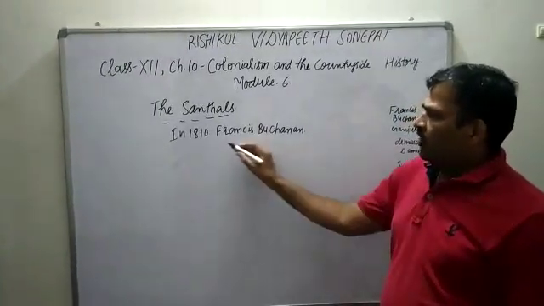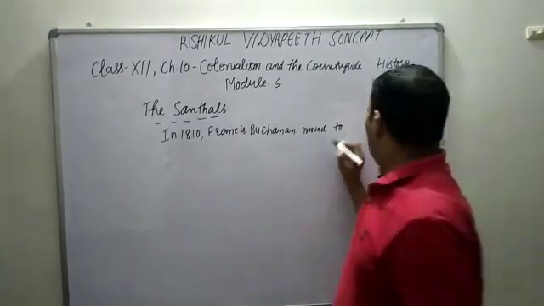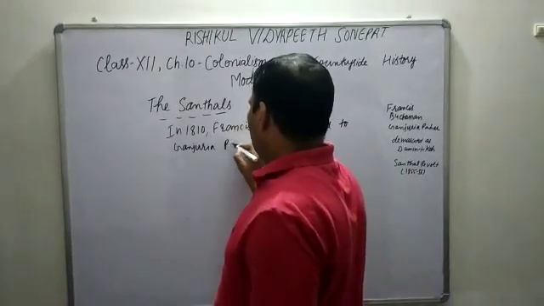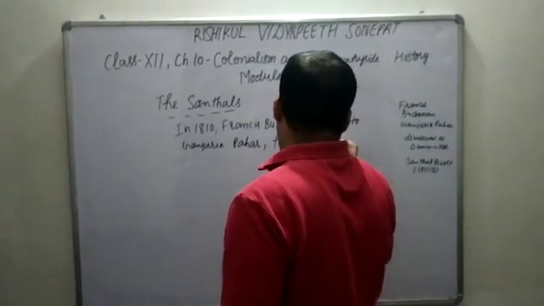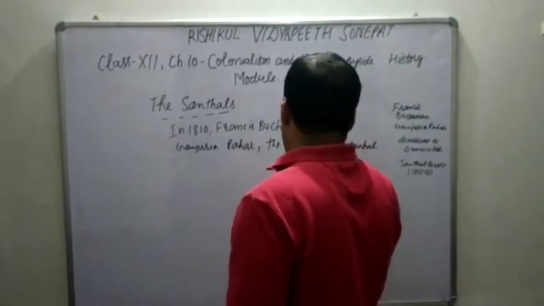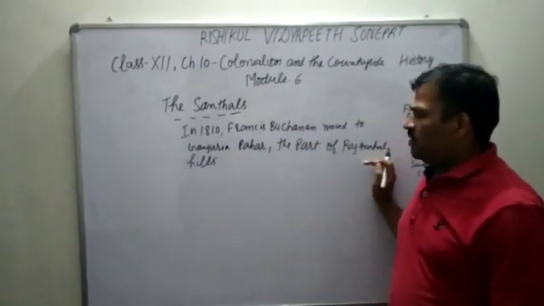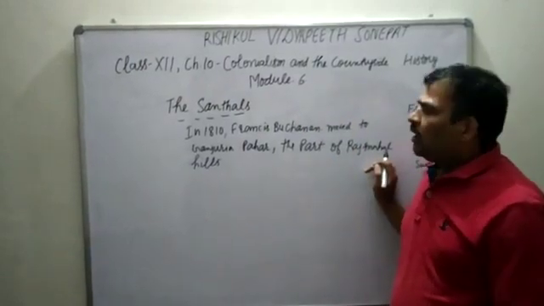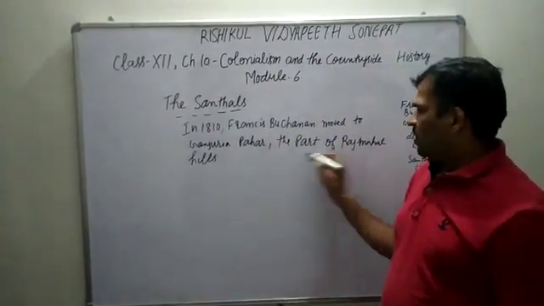In 1810, Francis Buchanan moved to Ganjuria Pahad, part of the Rajmahal Hills, as we have discussed. The Santhals were migratory.